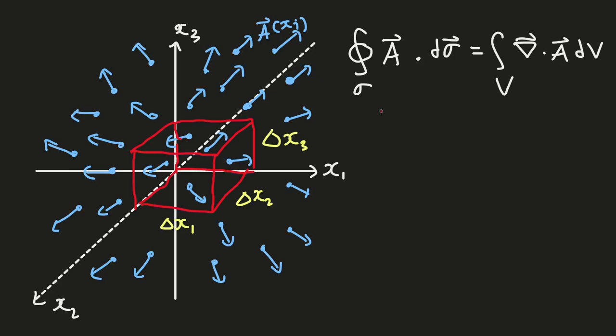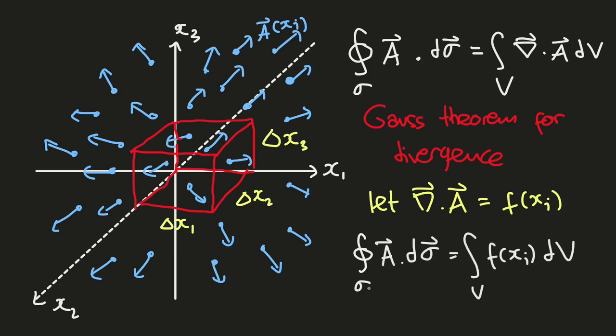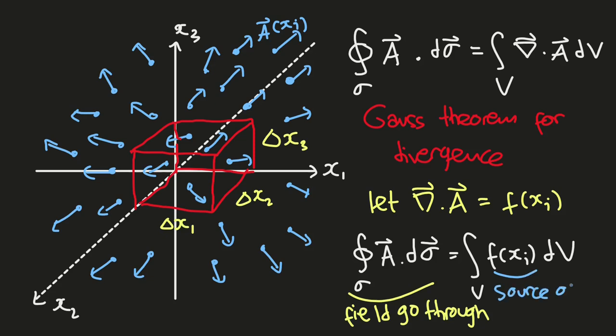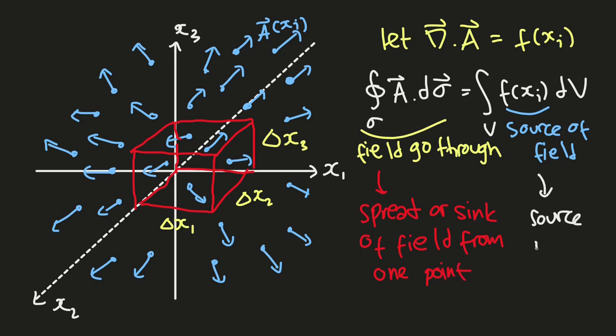This result is known as the Gauss theorem for divergence. If we let nabla dot A be f of x, the Gauss theorem tells us this: the left hand side tells us about the field that goes through the surface, and the right hand side is a characterization of the source of the field itself. In more detail, the left hand side tells us about properties like the spread or sink of the field from one point, and the right hand side tells us about the property of the source at a point.